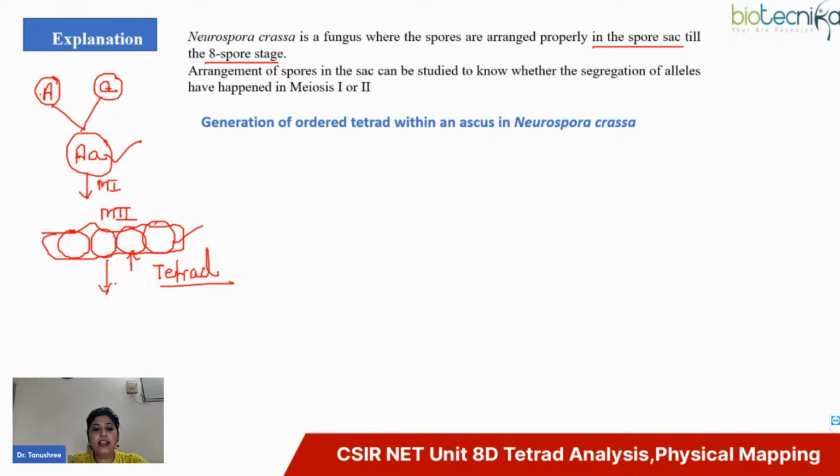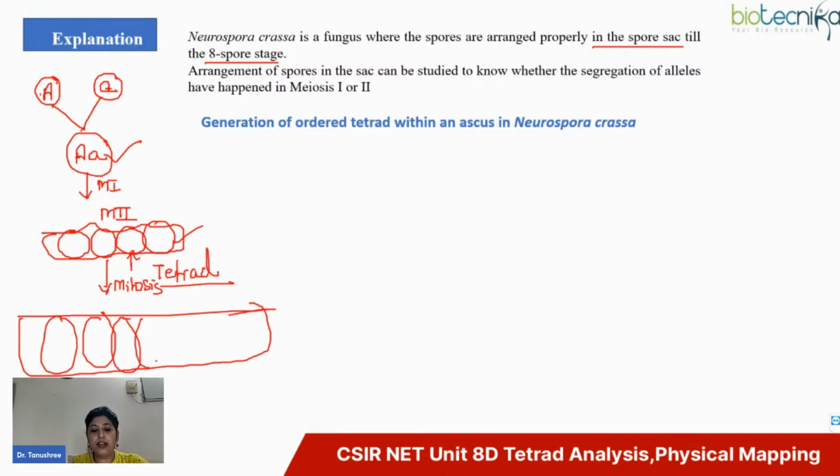Now, if a mitotic division occurs, it results in the formation of an octad. So now there will be a total of 8 ascospores. You can call this structure a double tetrad, or you can call it an octad, right?